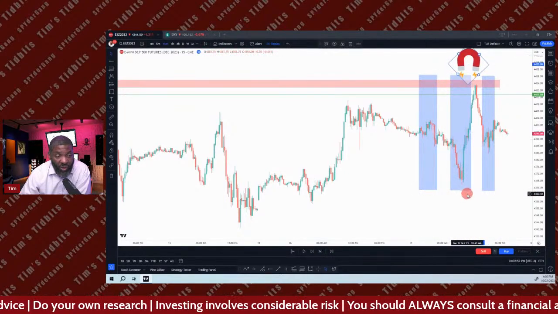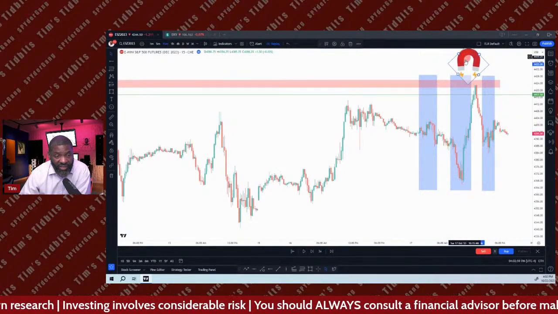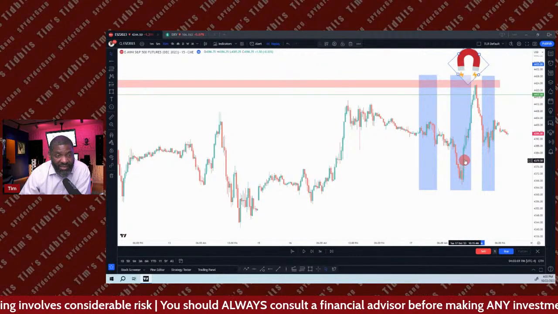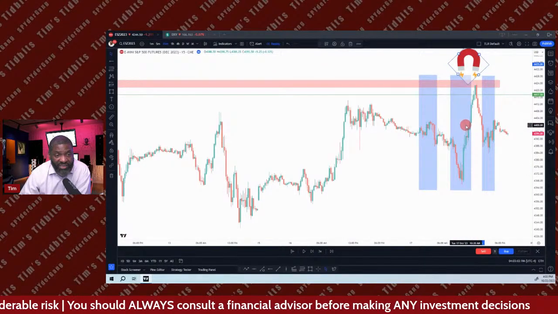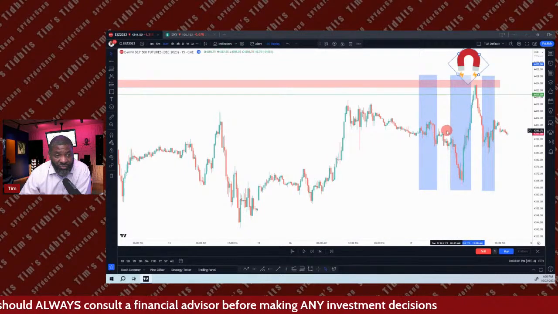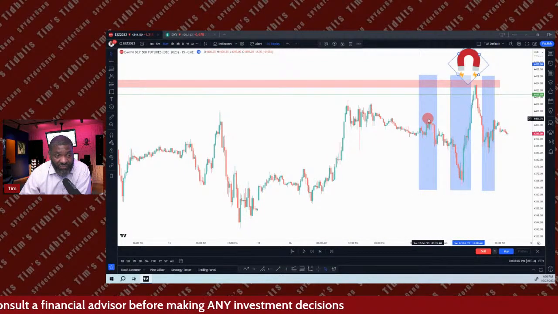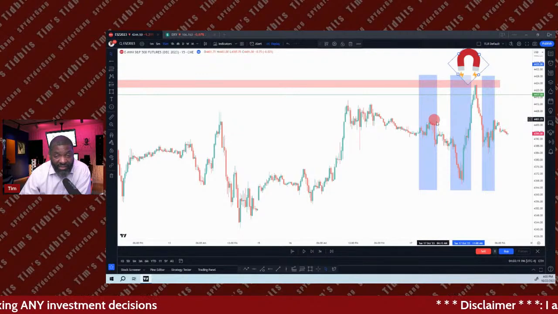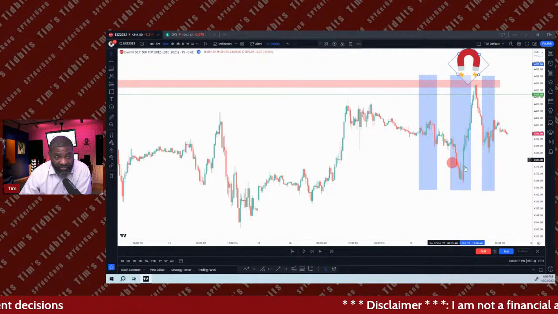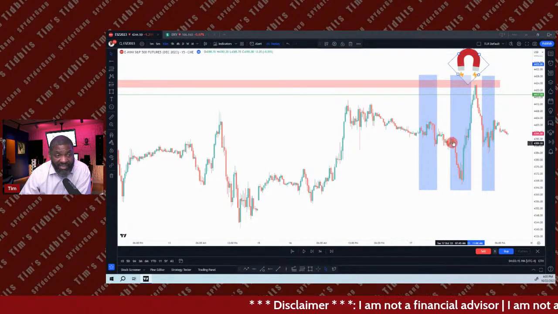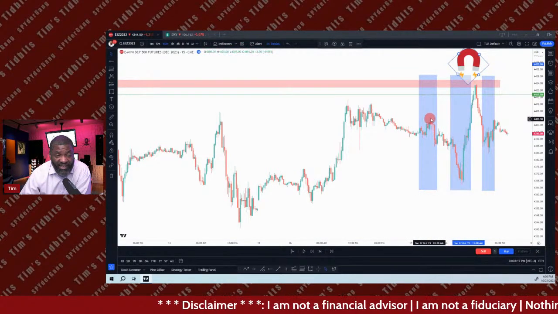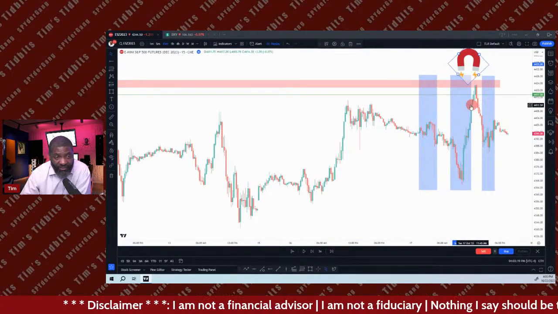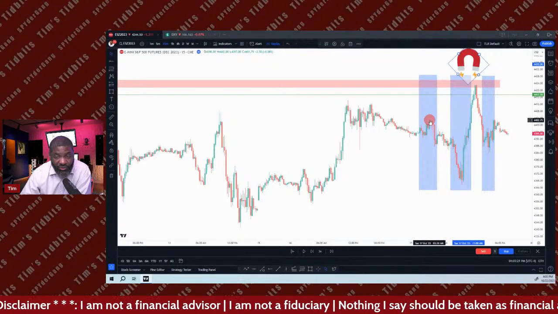When you break away from the draw and then immediately reverse and start to get a break in market structure, and once you take out that high right there, since we're going down, when you come back on the opposite side of where you took off from and take out that high right there, that confirms the Judas Swing.